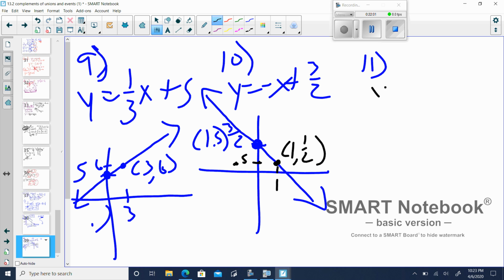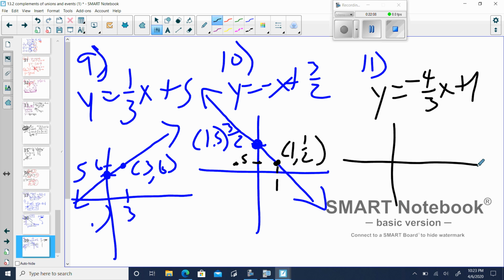All right, so 11: y equals -4/3 x plus 1. Come out here, come up to 1. So -1, 2, 3, 4 over 1, 2, 3, because our slope is -4/3.